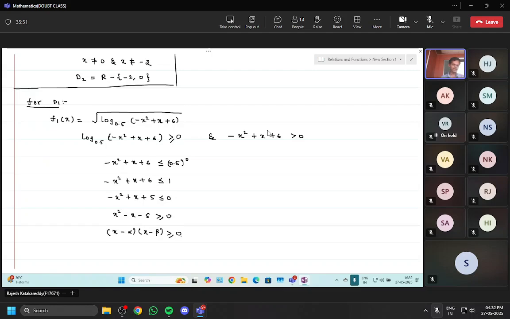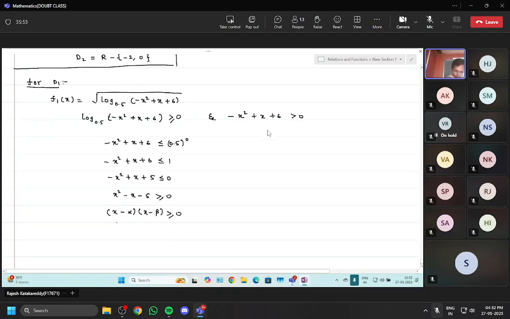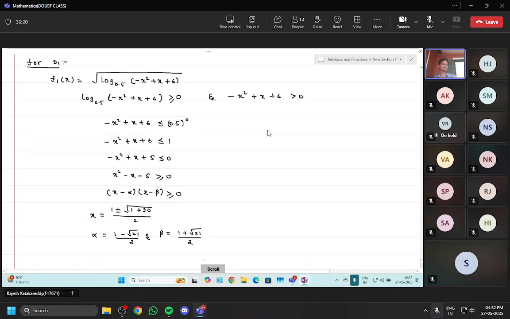Now finding alpha and beta, the roots are x equals 1 plus or minus root 21 divided by 2. So one root, alpha, is 1 minus root 21 by 2, and the other root, beta, is 1 plus root 21 by 2. I need to approximate to know exactly where these numbers lie on the number line.